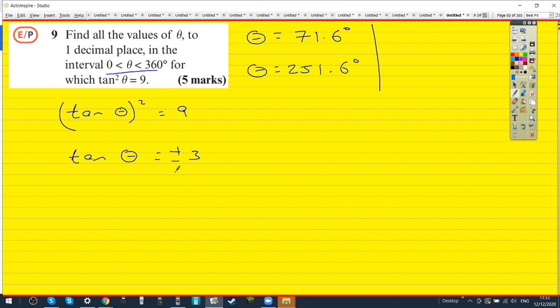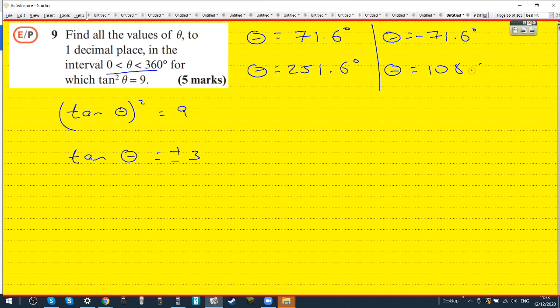Minus 71.6. Okay, go on. And then you'd add 180 to it. What do you get? 108.4.